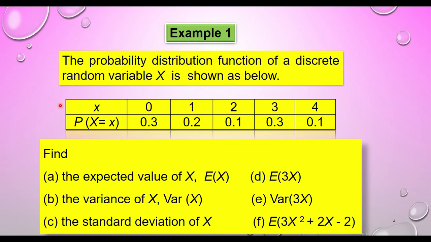The table shows the values of X equal to 0, 1, 2, 3, and 4, and the probability for each value of X. The question asks to find A, the expected value of X, B, the variance of X, C, the standard deviation of X, D, the expected value of 3X, E, the variance of 3X, and F, the expected value of 3X squared plus 2X minus 2.